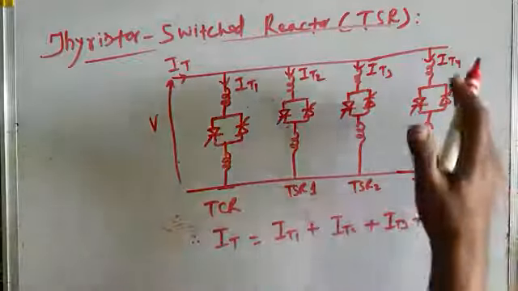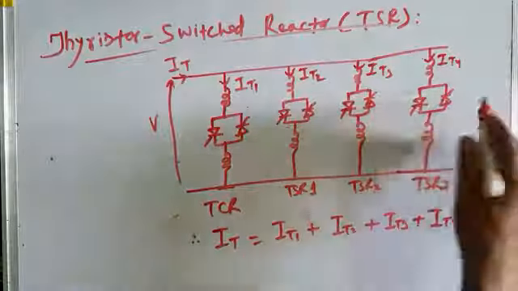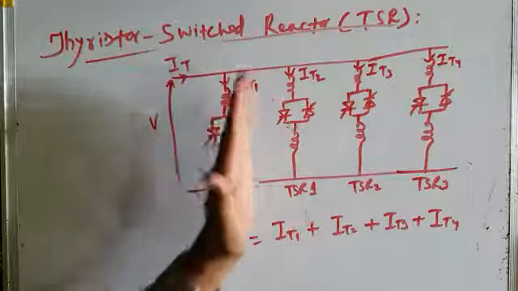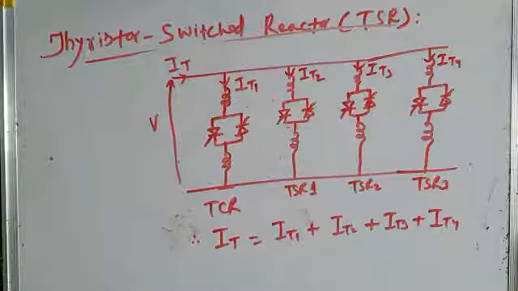And if there are more TSRs, then plus so on. Okay, so this is called segmented TCR. Segmented TCR means a single TCR in parallel with a number of TSRs.